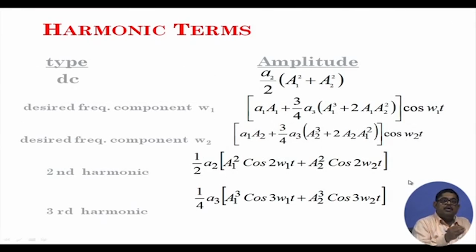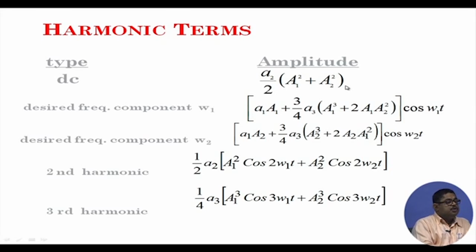If you now collect the terms, there is the DC term, the omega 1 term, the omega 2 term, then the 2 omega 1 term, the 3 omega 1 term, etc. If you list them, please do it at home, you will see that DC has this amplitude.